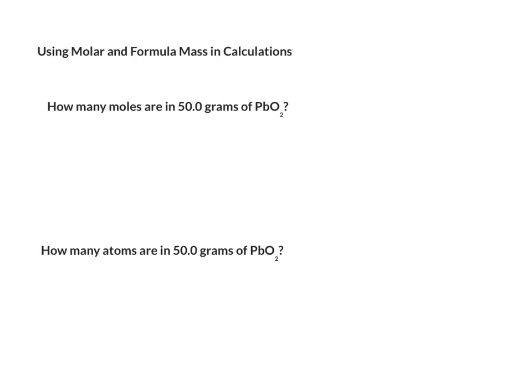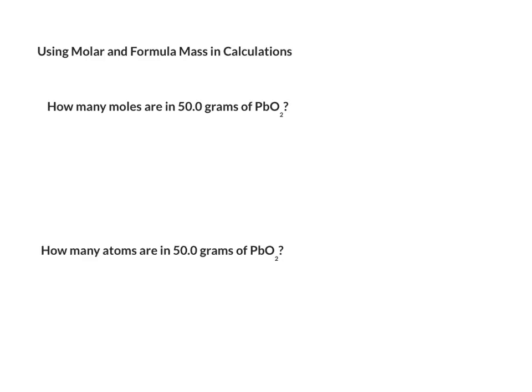Using molar and formula mass in calculations continued. This example is for a formula mass. So lead 4 oxide, review your nomenclature rules back in chapter 2, is an ionic compound. And ionic compounds exist as formula units. How you calculate a formula mass is the same as calculating a molar mass.